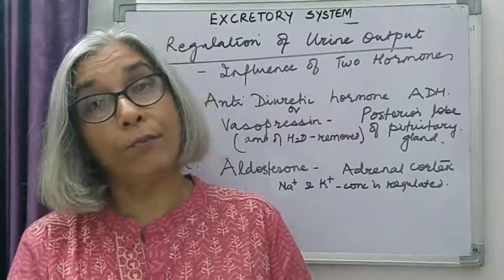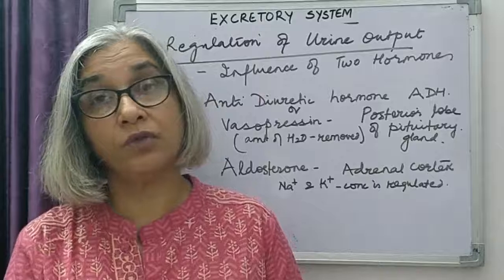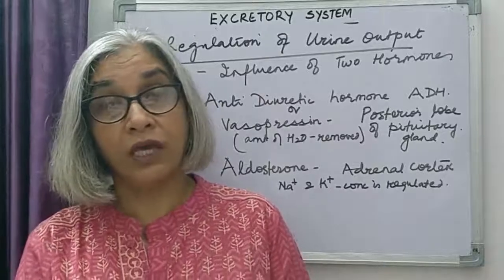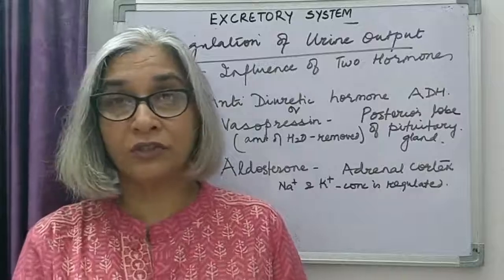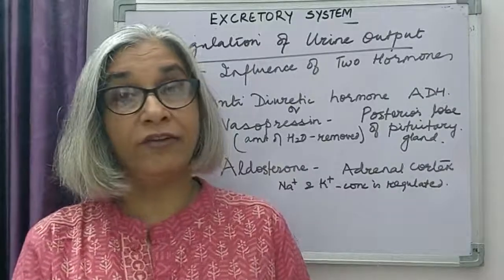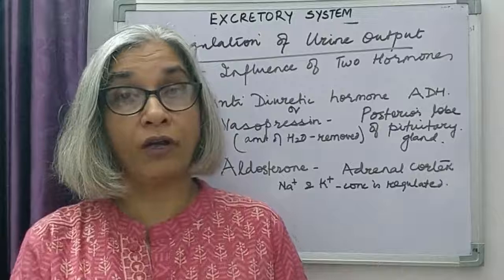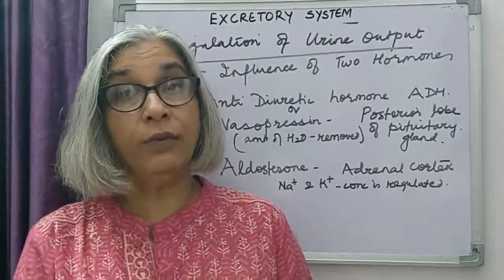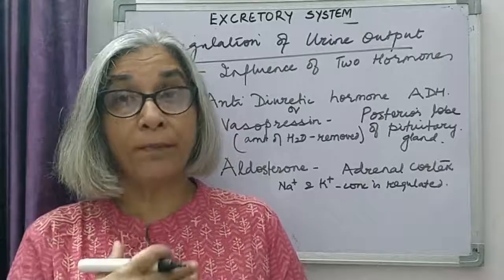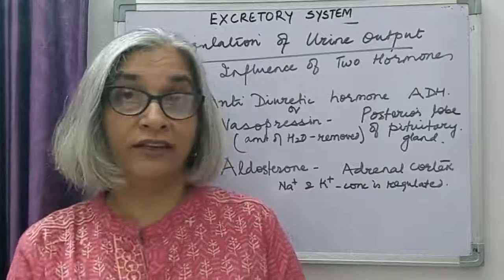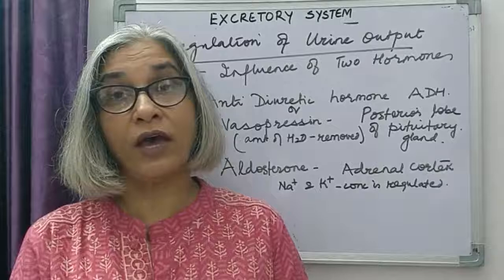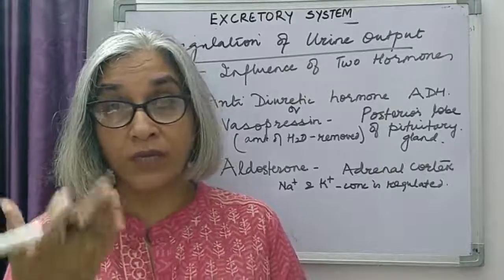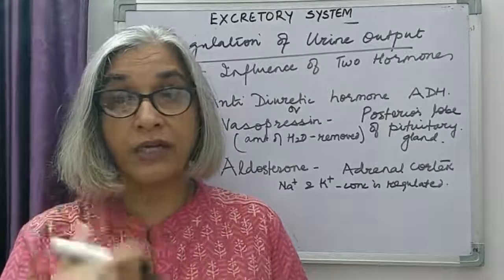So, lot of water is being absorbed by the kidney tubules, and along with water absorption, urea absorption also takes place. That is why if someone is suffering from cholera or diarrhea, the immediate need is to replenish water to the body.